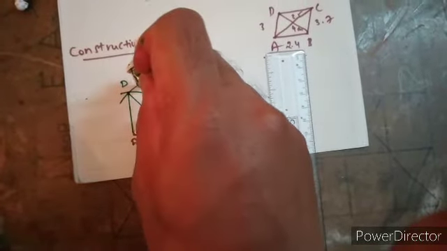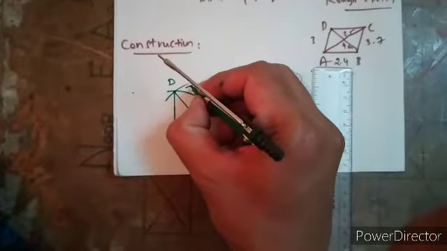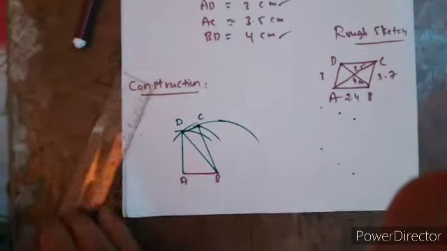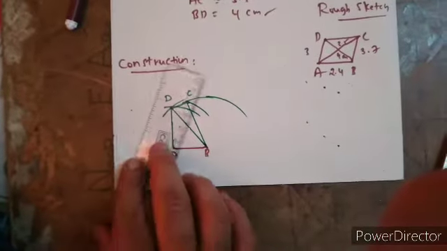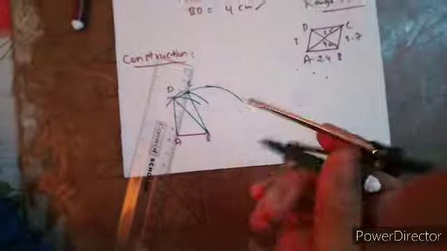So it will touch at this particular location. So join these 2 points. I have joined these points with the help of a scale, and I have to join this AC line segment also.